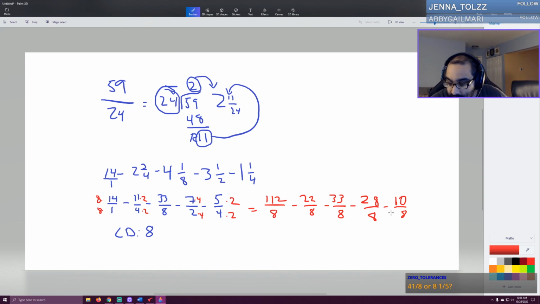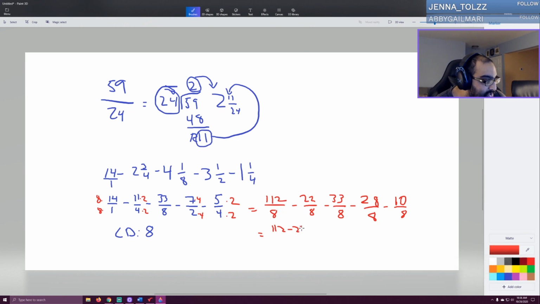Okay, so that's what we have so far. Let's see if that happens to be the case. We're going to take all the numbers here: 112 minus 22 minus 33 minus 28 minus 10, all over 8.